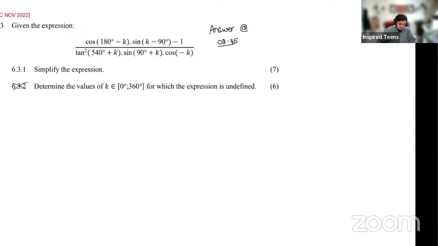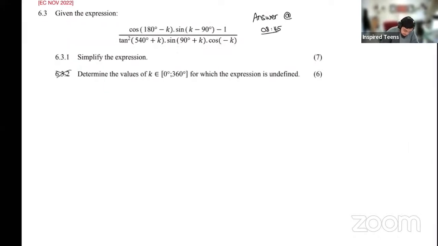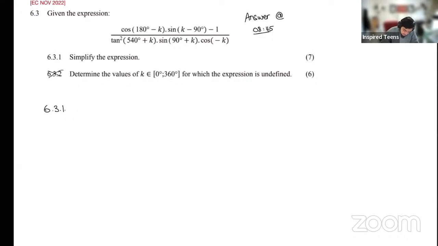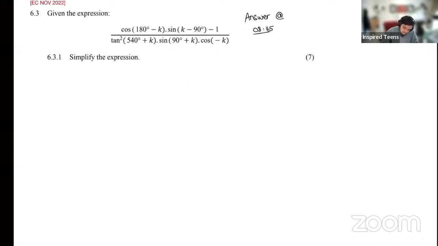Okay, it's almost 44. Let me continue with this answer. 6.3.1. So we have cos 180 plus k.